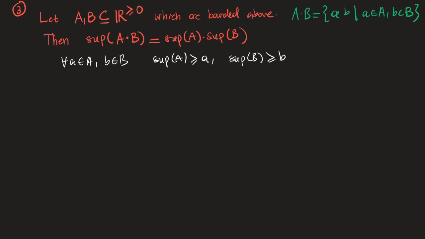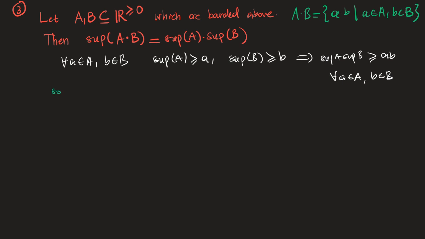So if you multiply these two inequalities, since a and b are positive, we have sup A times sup B bigger than or equal to ab, for any a in A, b in B.